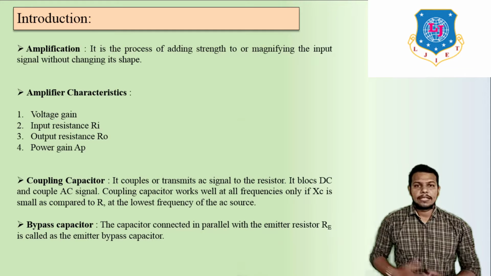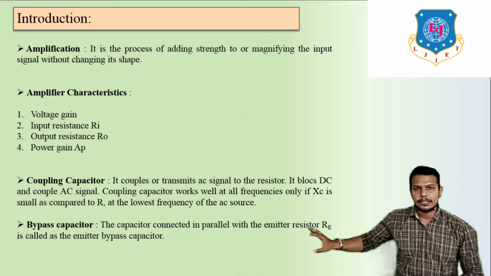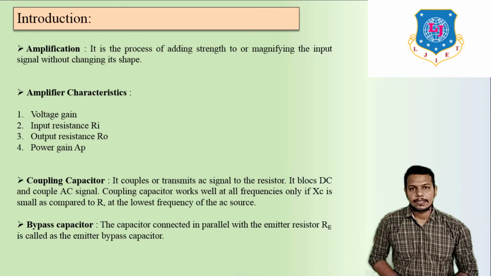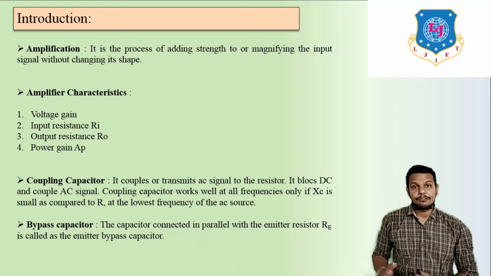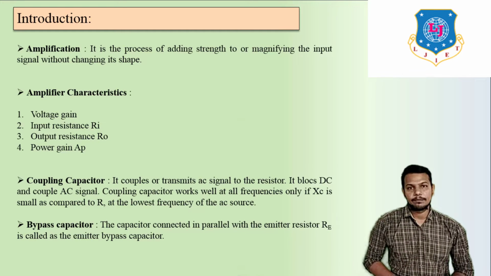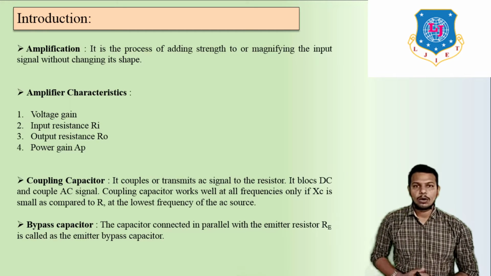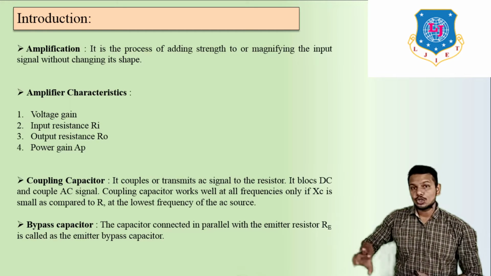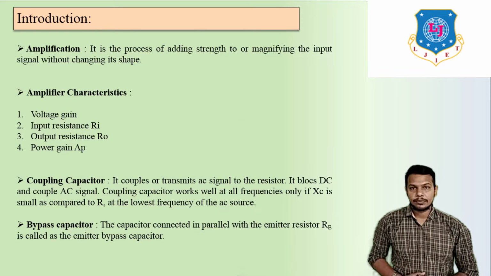How? For that we have to discuss Xc and XL. Now this is the capacitor, so we are going to discuss Xc. What is Xc? It is capacitive reactance. The capacitive reactance equation is Xc = 1/(ωC) = 1/(2πfC), where f means frequency.